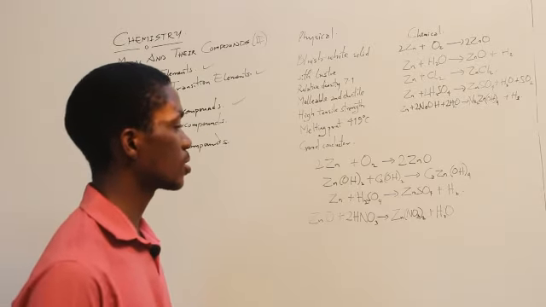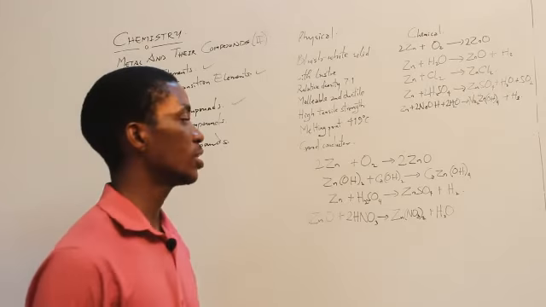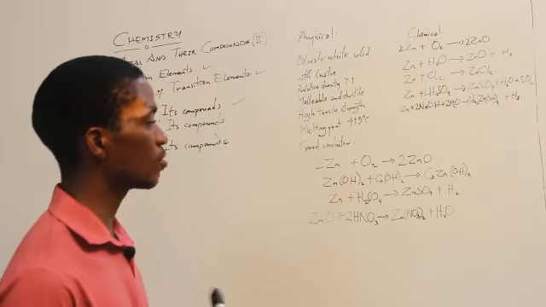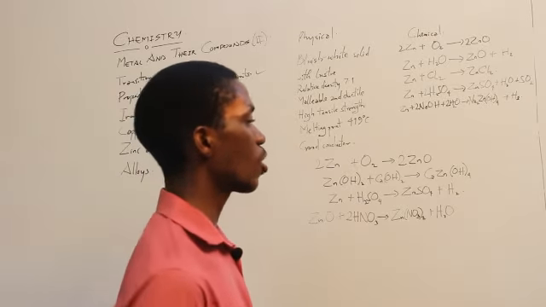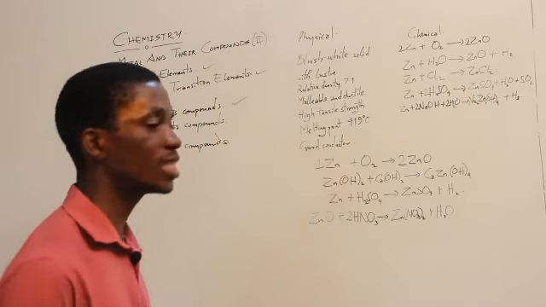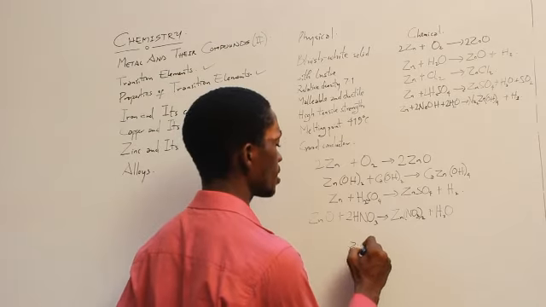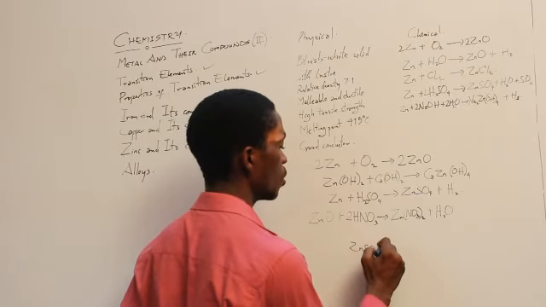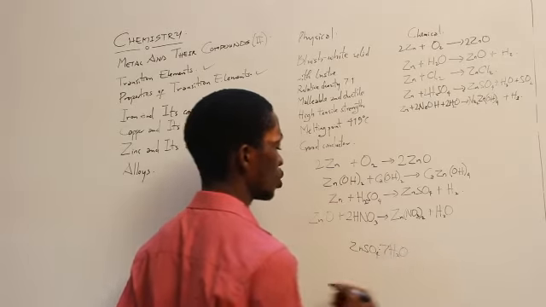Zinc reacts with hydrochloric acid to liberate hydrogen, of course, and it forms a salt known as zinc tetraoxosulfate 6 salt. This salt is actually deliquescent, and it requires a water of crystallization of about 7 molecules.